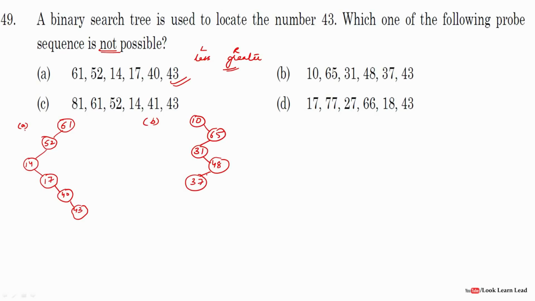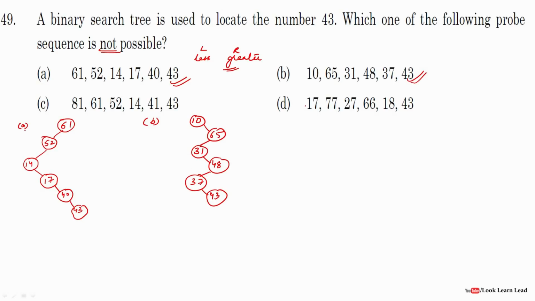And 43 is greater than 10, less than 65, greater than 31, less than 48, but greater than 37, so it would be here. So yes, this is also a possible sequence, that is 10, 65, 31, 48.